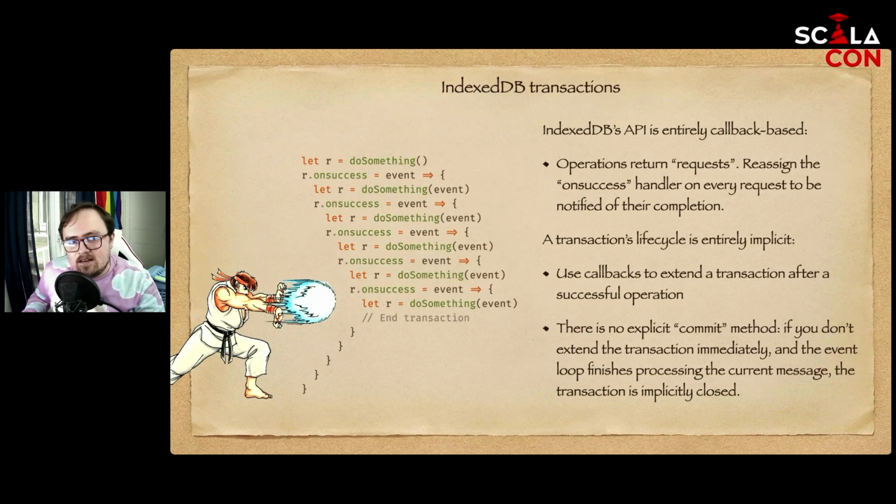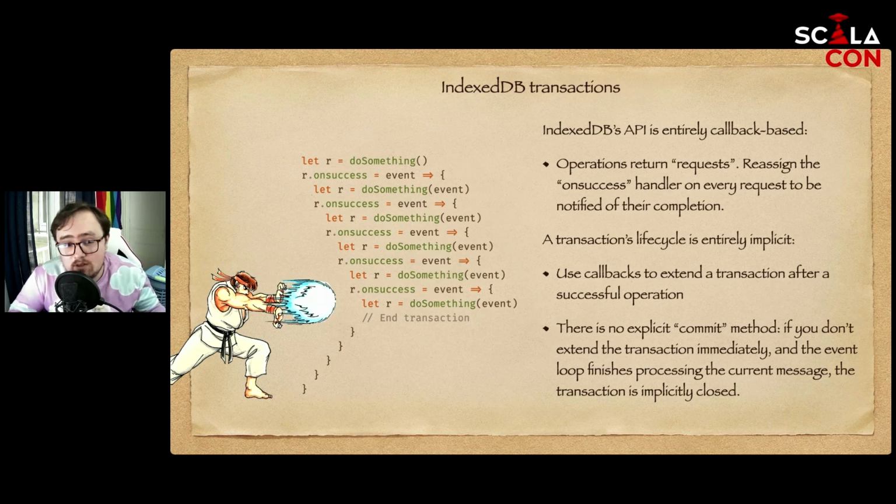IndexedDB is a transactional data store, so everything has to be done inside a transaction. The API is entirely callback based, so it is quite easy to end up with messy, deeply nested code that is very hard to maintain.